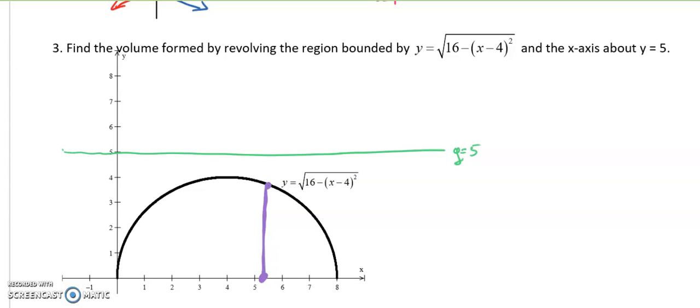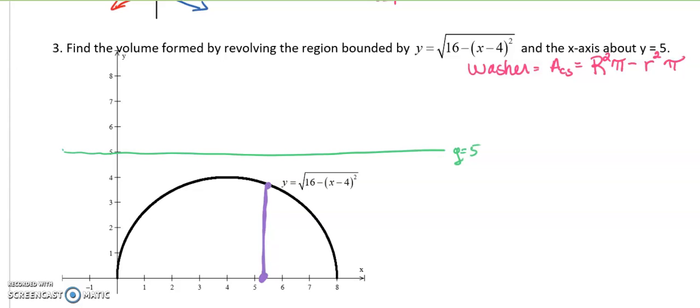Since there is space between the area that I'm revolving and the axis of revolution, I know that I have a washer. So this is a washer problem. And the area of the cross section will be the big circle's radius squared times pi minus the little radius squared times pi. So our job now is to determine what is big R, what is little r.